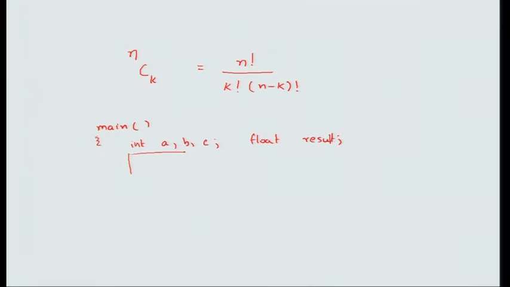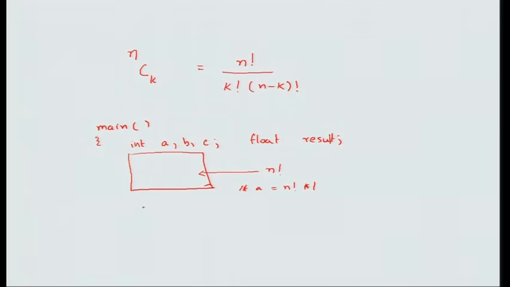What should I do intuitively? One way to do it is, I'll have a block of code which will calculate n factorial, which is the numerator. Then I'll say that a equal to n factorial. At the end of this, a stores n factorial.